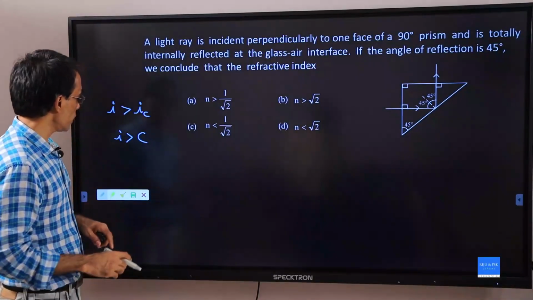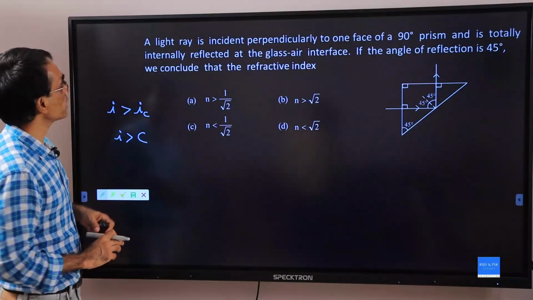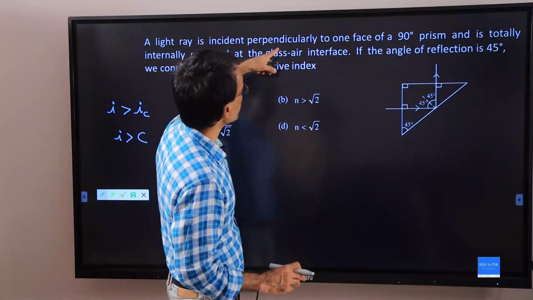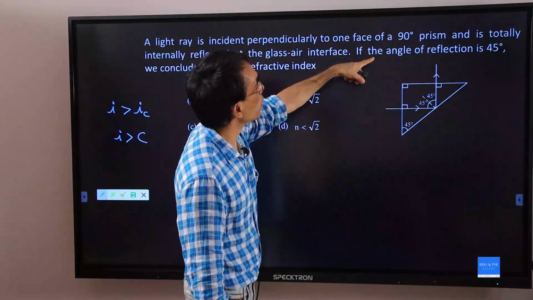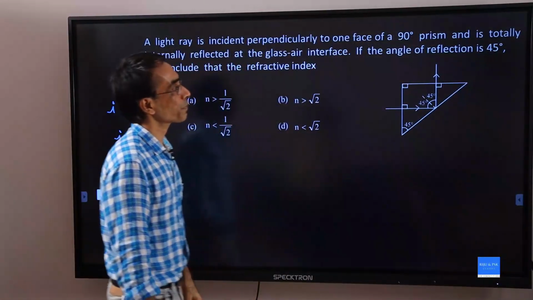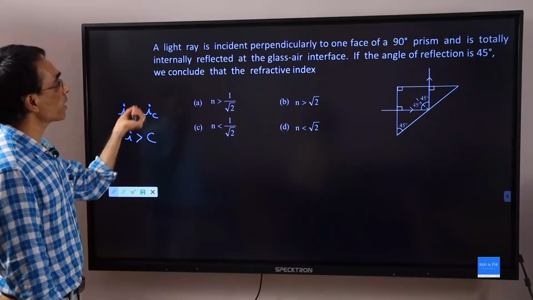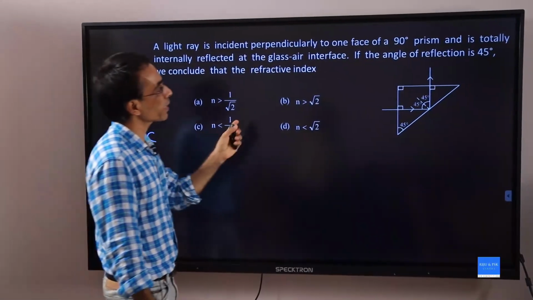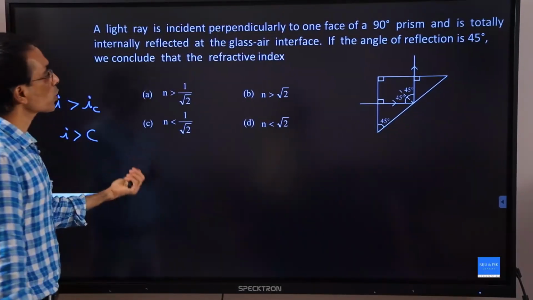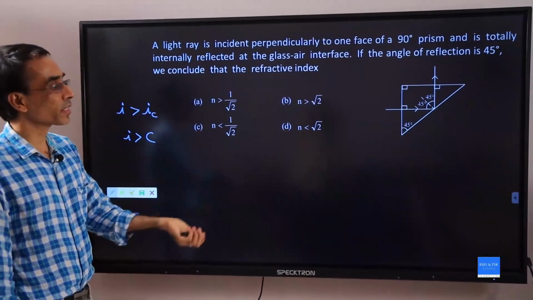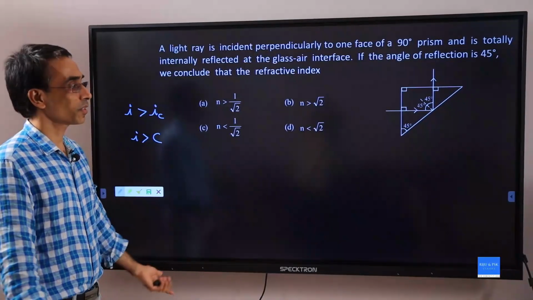This is a condition for total internal reflection. And what is given? A light ray incident perpendicularly to one face of a 90-degree prism and is totally internally reflected at glass air interface. If angle of reflection is 45 degree, we conclude that the refractive index of the material is, what is it?